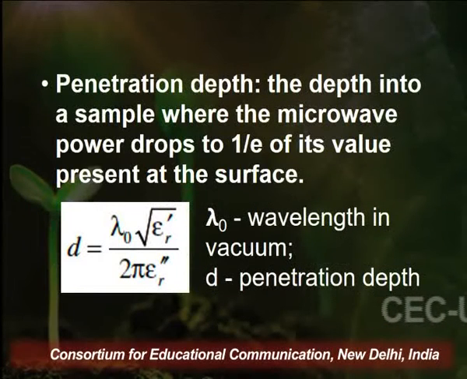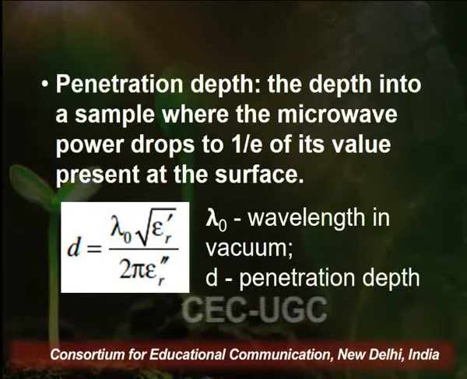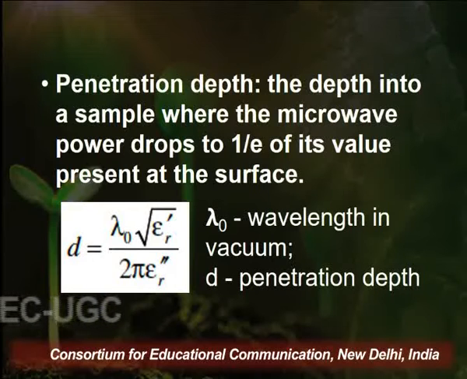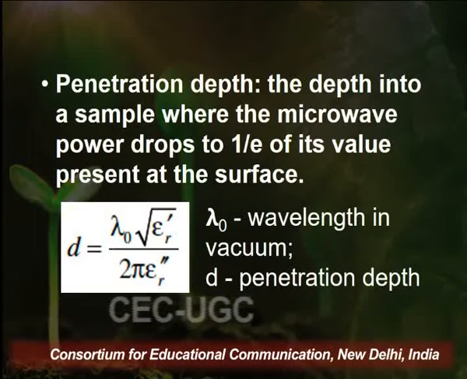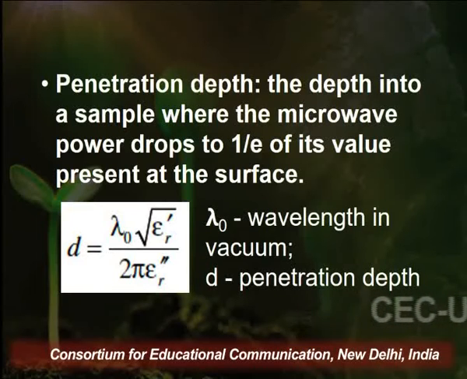Now apart from this dissipation factor or dielectric loss, another factor that is important for microwave heating is the depth of penetration of the microwaves. The penetration depth of microwaves is defined as the depth into a sample where the microwave power drops to 1/8 of its value at the surface.